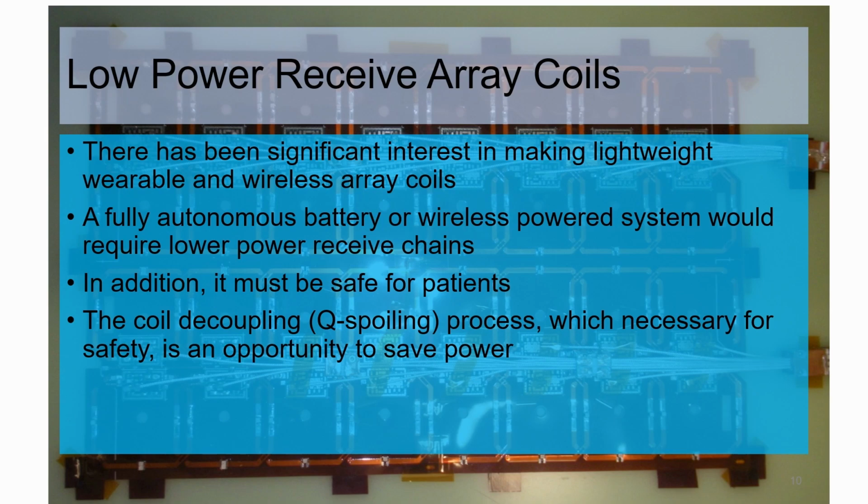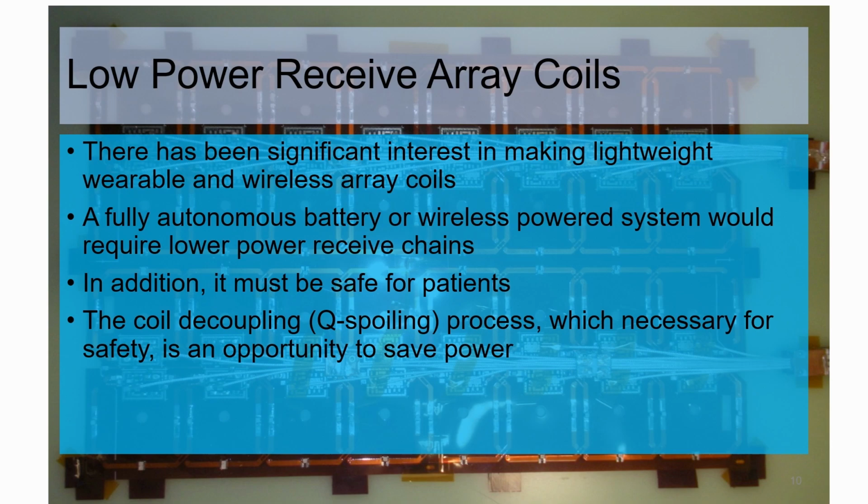Now, having a fully autonomous battery or wireless powered system would require a lower power receive chain, since the electronics will be on coil. And at the same time, we have to worry about patient safety.